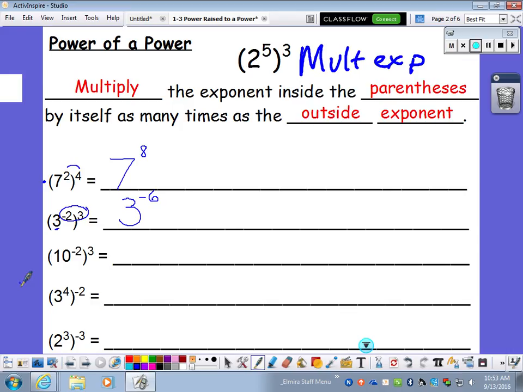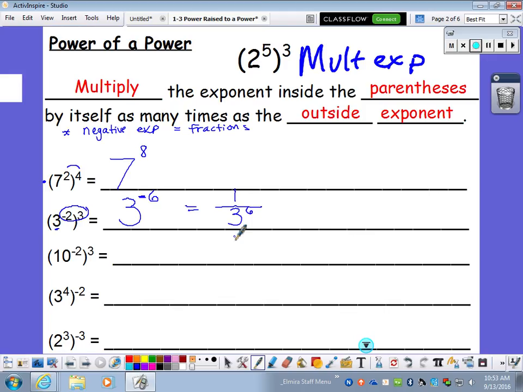But with negative exponents, we'll make a little note of it here, negative exponents make fractions. So we got to take this an extra step. Equals a fraction bar, 1 on top, and 3 to the 6th on the bottom. Notice that the 6 went from being negative to being positive, and that's because we made the fraction.